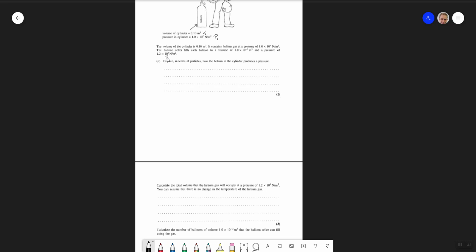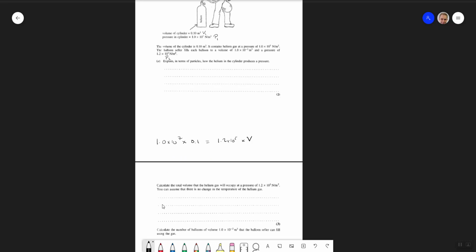This is the thing I'm interested in. So I've got 1.0 times 10 to the 7 times 0.1 is equal to 1.2 times 10 to the 5 times the final volume.